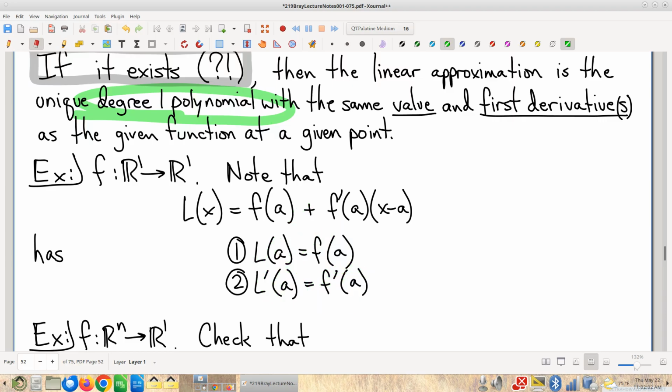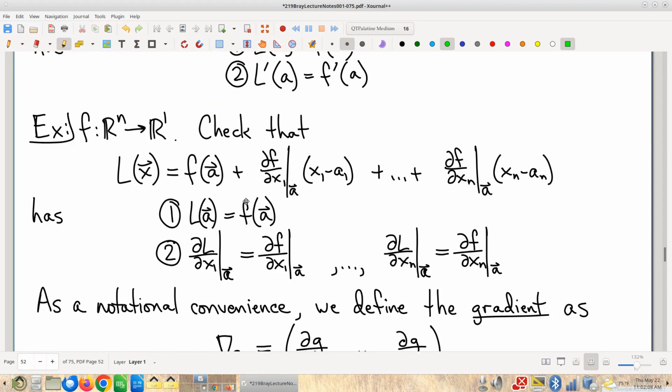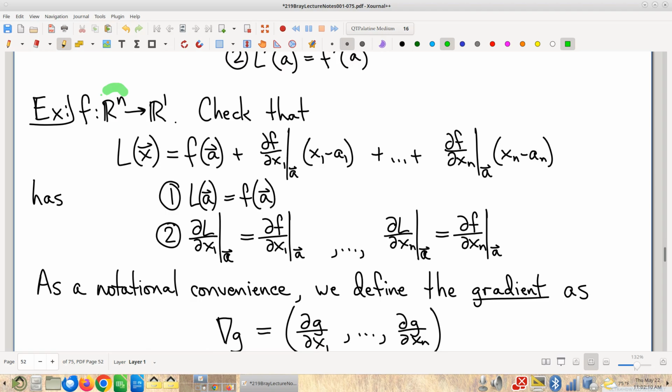Okay. All right. So we talked about how to generalize this in a multivariable setting. So in particular, now we're going to have multiple input variables. Now, quick aside, still only one output variable. We'll talk about multiple outputs in just a second. But with multiple input variables, how do we accomplish the same thing?